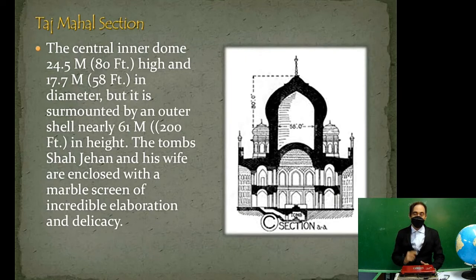The central inner dome of the Taj Mahal is 24.5 meters high and 17.7 meters in diameter. It is surmounted by an outer shell nearly 61 meters in height. The tombs of Shah Jahan and his wife are enclosed with a marble screen of incredible elaboration and delicacy.